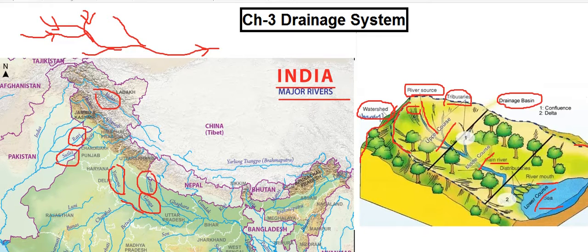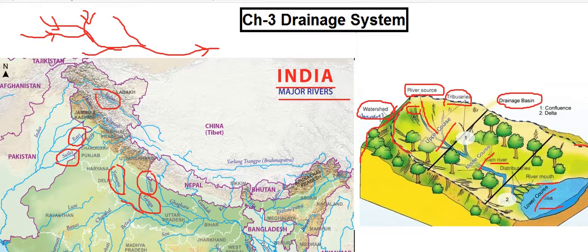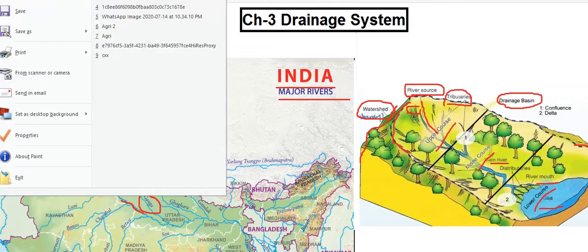Next topic in this chapter is the types of drainage pattern made by the river. So what is the drainage pattern? You will see that some rivers while flowing form this kind of structure.